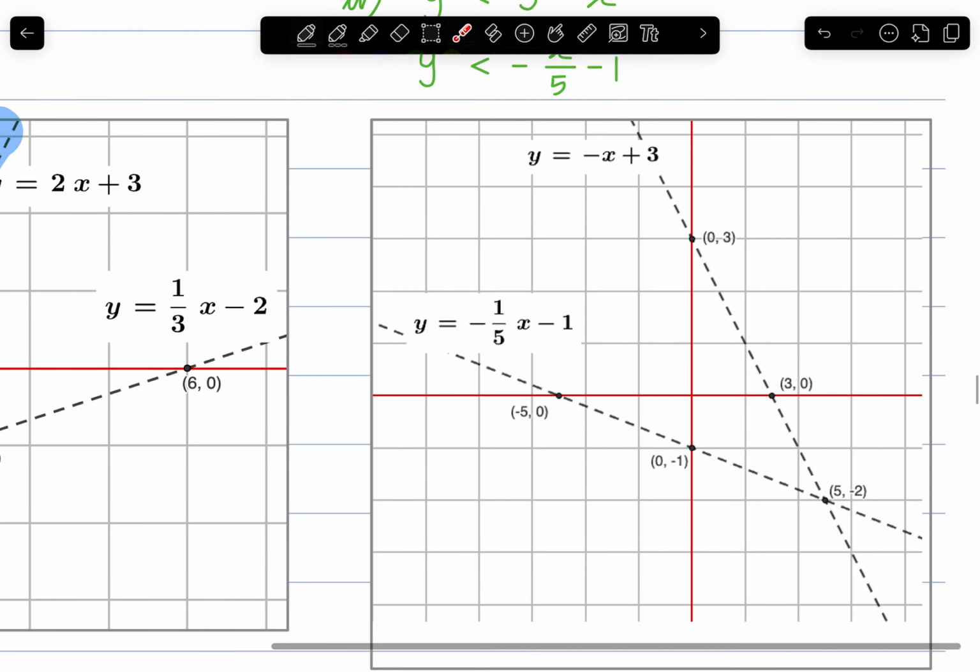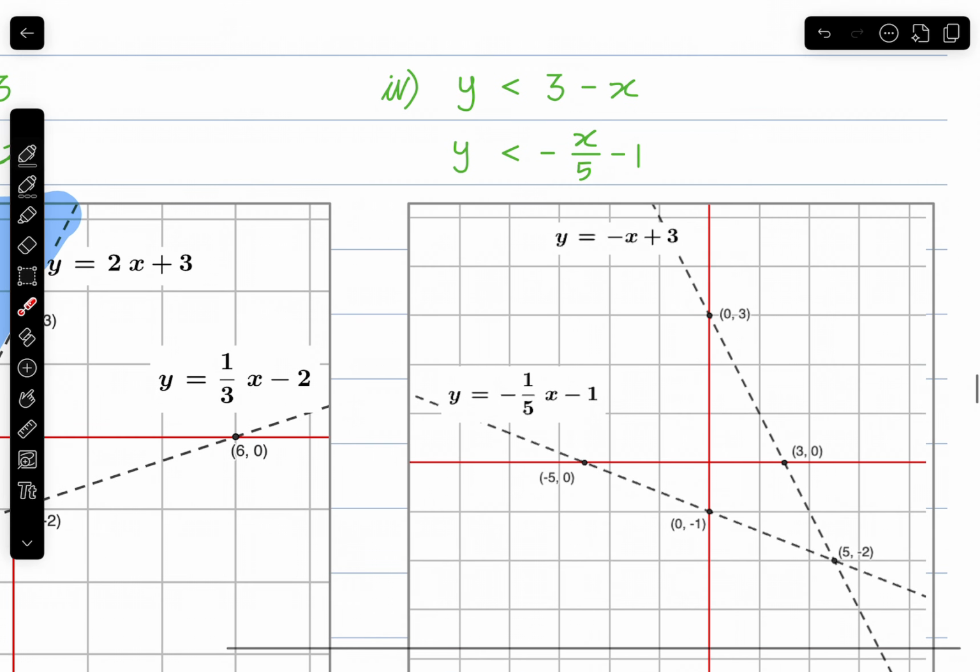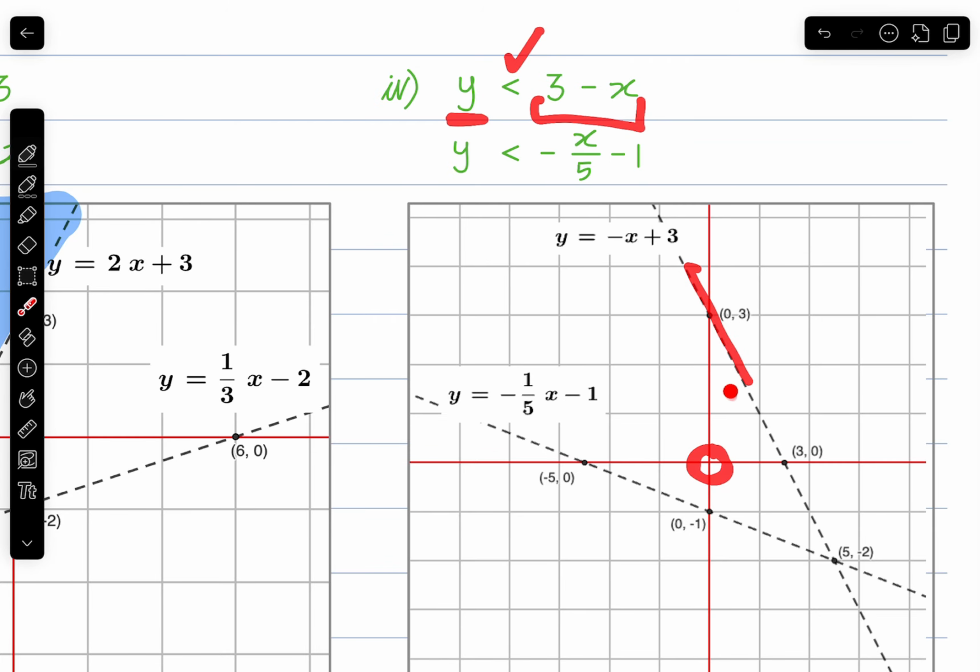In this one, I will pick 0, 0 one more time. So picking this point, I'm testing this line here, negative x plus 3, or 3 minus x. Think about the y value at this point. Is the y value of this point below the line at the same x value?